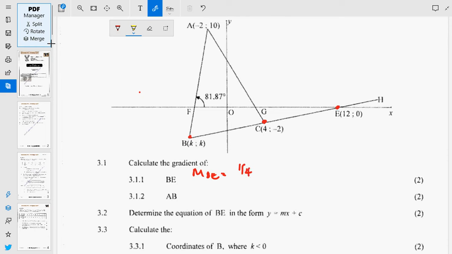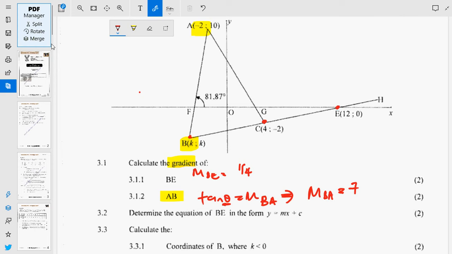And they ask us to calculate the gradient of AB. Now, if you look at AB, you don't have the end point, but you have the inclination. So if you have the inclination, you can always use tan theta is equal to the gradient of BA. Which means if you substitute the angle of inclination you're given, the gradient of BA will be equal to 7, rounding off.